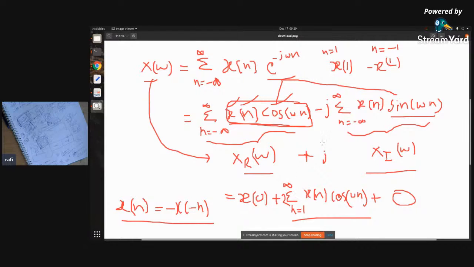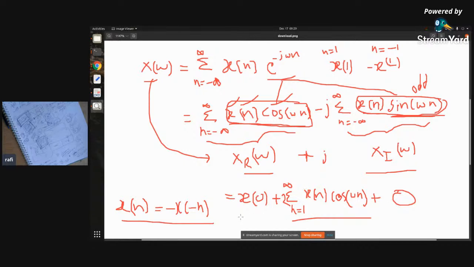This is an even function and this is an odd function. When you multiply an even function with an odd function, the overall result is an odd function. So when you add positive indices and negative indices, they get cancelled with each other and the result will be 0. Anyway, at n equal to 0, sin 0 is 0, so it will be 0.